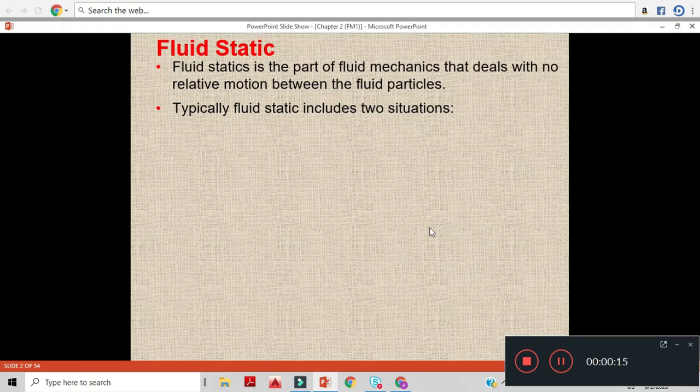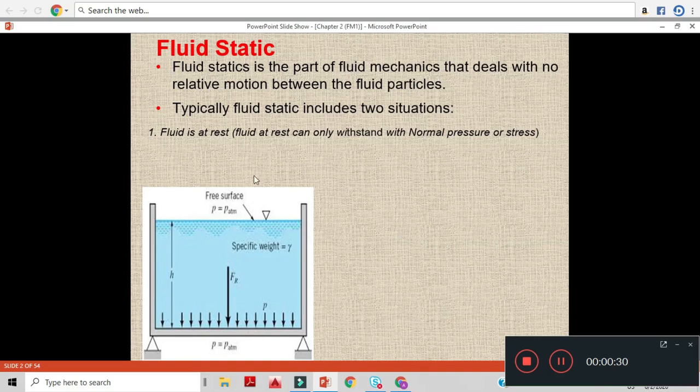Typically, the situation of fluid statics includes two situations. Number one, the fluid is at rest. A fluid at rest can only withstand normal pressure or stress. In that case, only the normal force is acting on the surface when the fluid is at rest. There is no shear force acting on it.